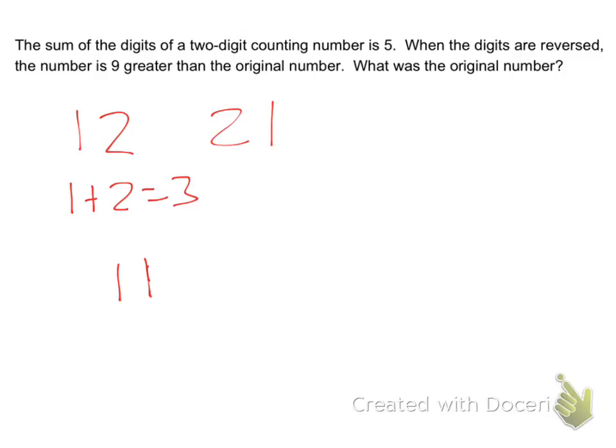You could have taken 20 coins and figured out a combination to get to $1.90. But there's got to be a better way than this. If I wanted to add the digits, this would be 1 plus 1, that'd be 2. So adding the digits is not that big of a deal.